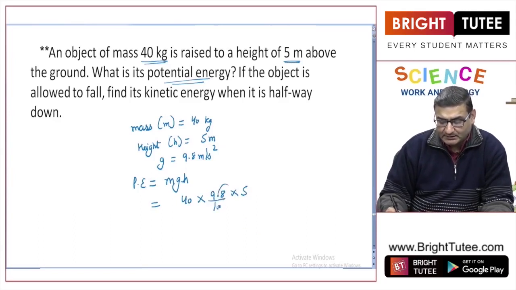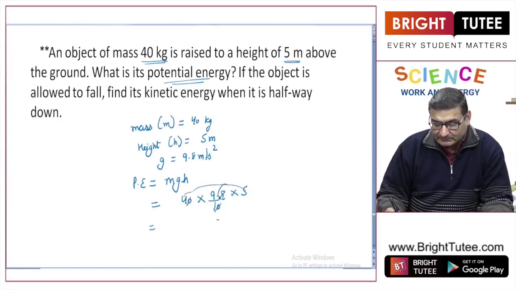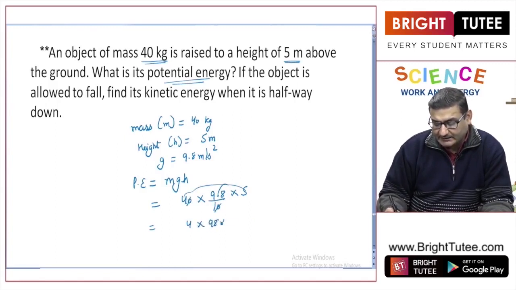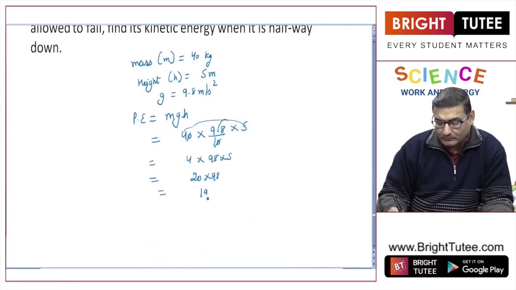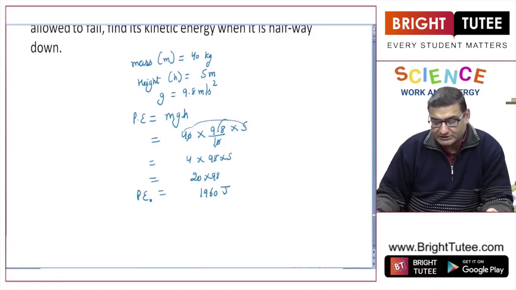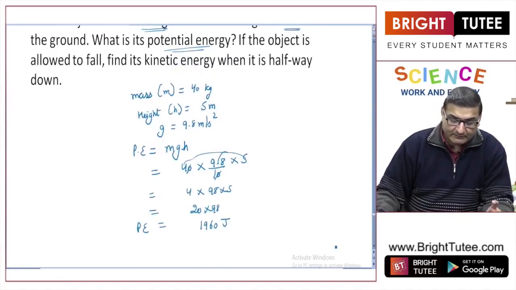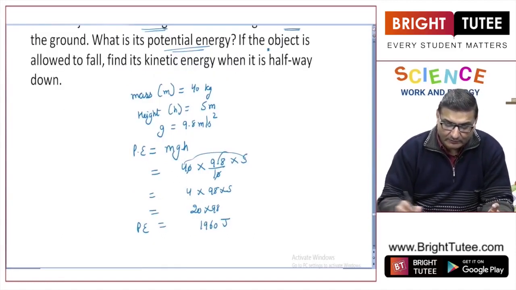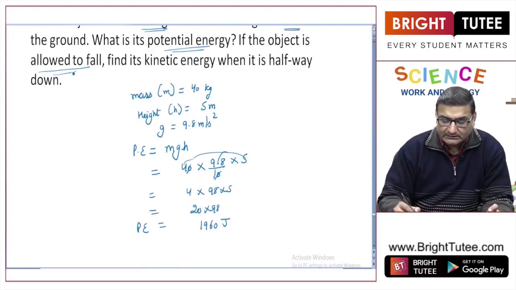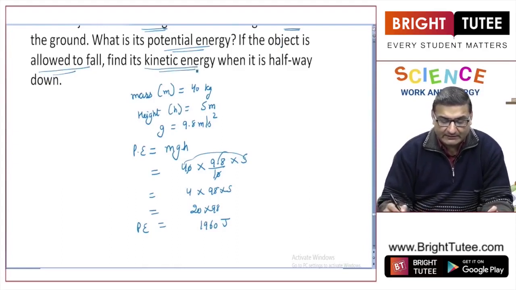Removing the decimal, dividing it with 10, cutting the zeros, I will get 4 into 98 into 5, which comes out to be 20 into 98, which comes out to be 1960 joule. This is the potential energy, right? Now, the second part of the question is asking that if the object is allowed to fall, then we have to calculate its kinetic energy.